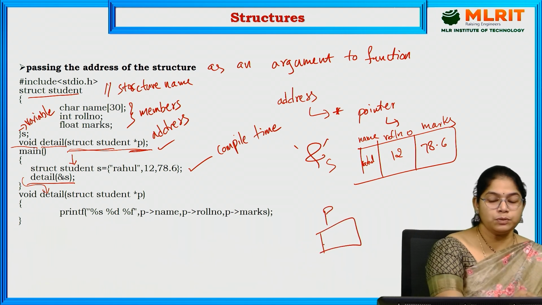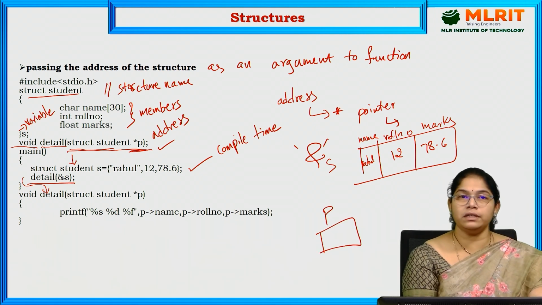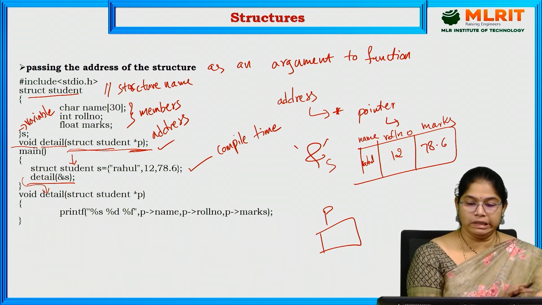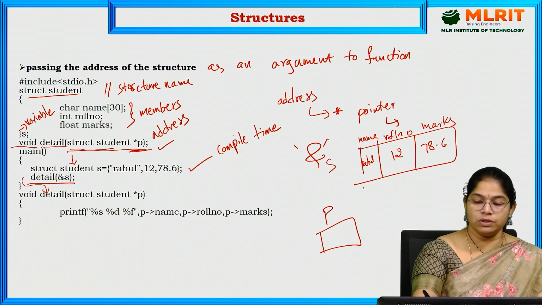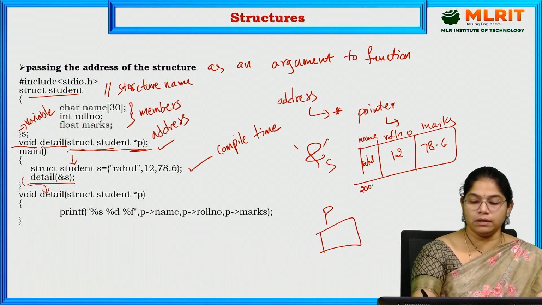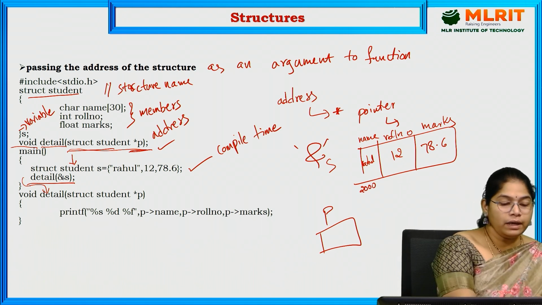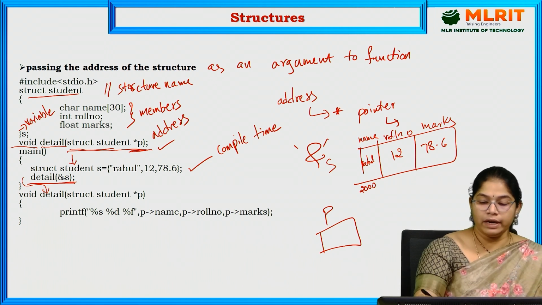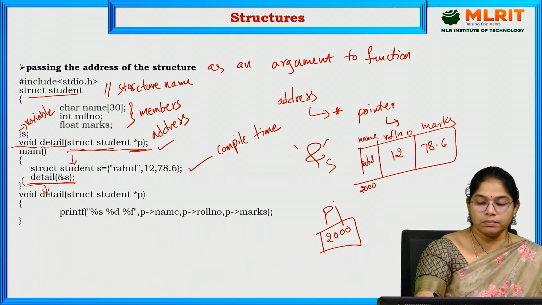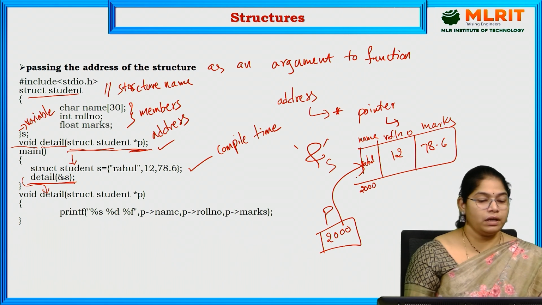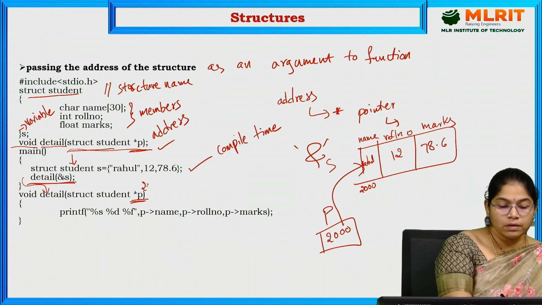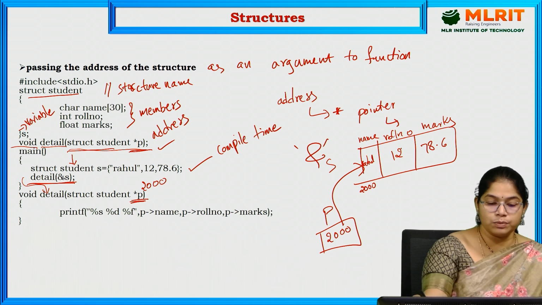This pointer has the property that it can store the address of another variable. Let us suppose the base address is 2000. So now I call the function as detail of address of s, where address of s is 2000. That means p is pointing to here.